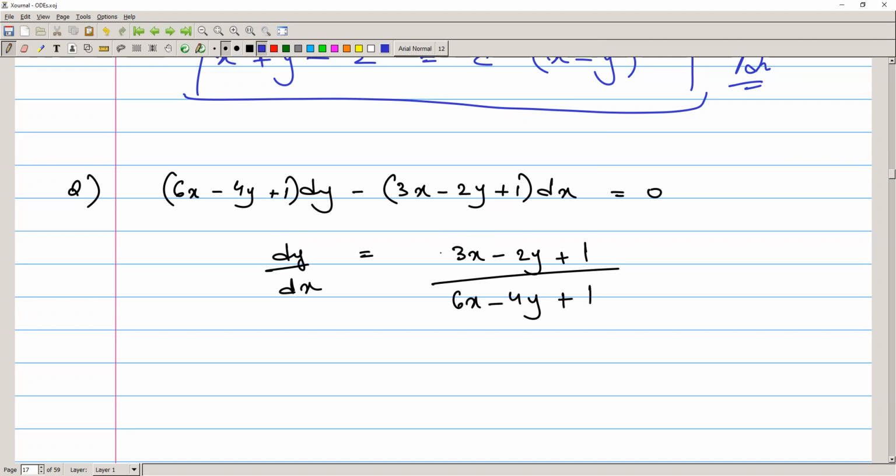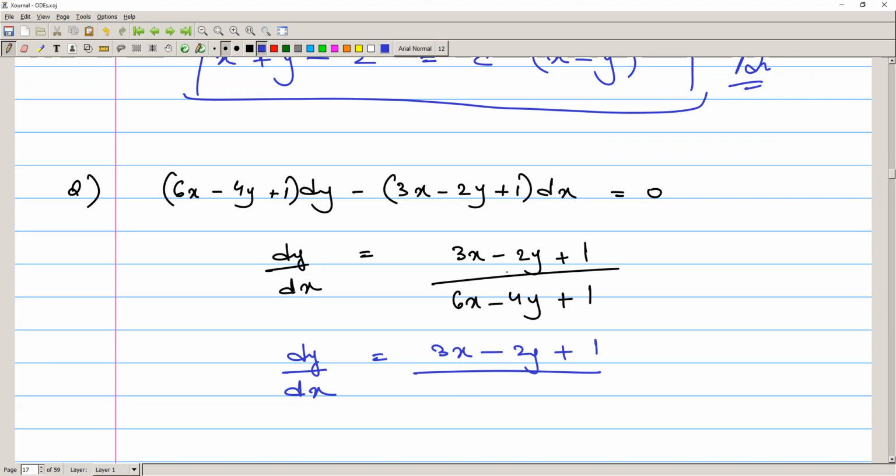Now see here, what's happening is that dy over dx is equals to 3x minus 2y plus 1 over the denominator. If we want to take 2 common, we cannot actually take it here because it's 1 here and it's 1 here.